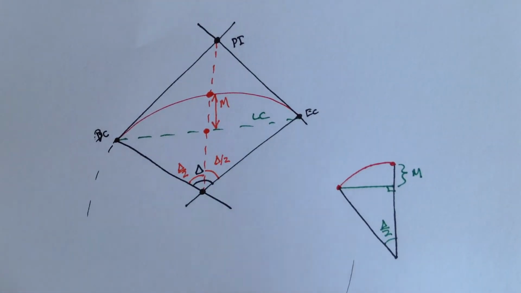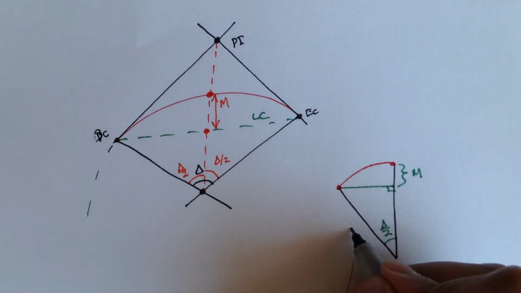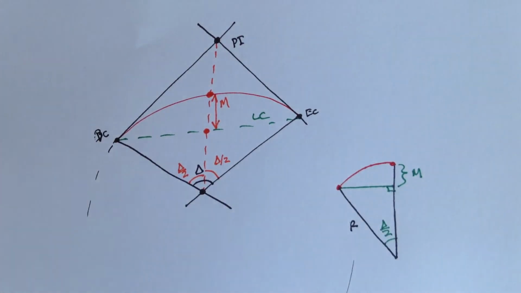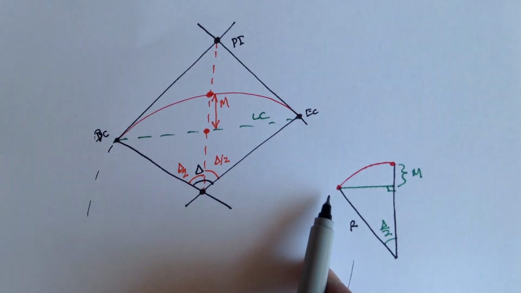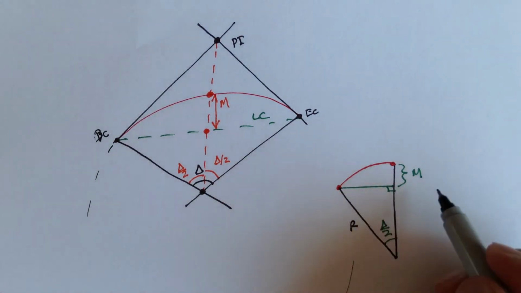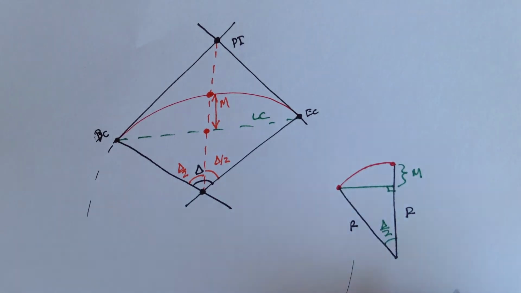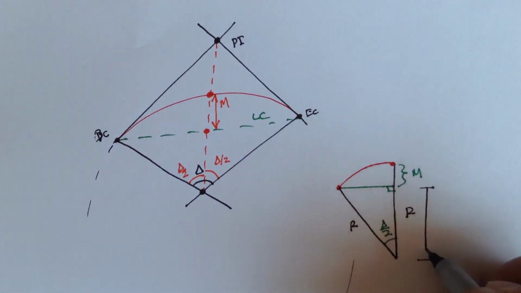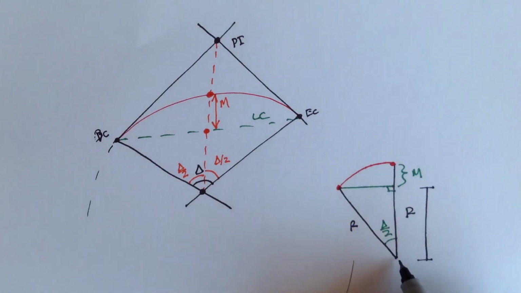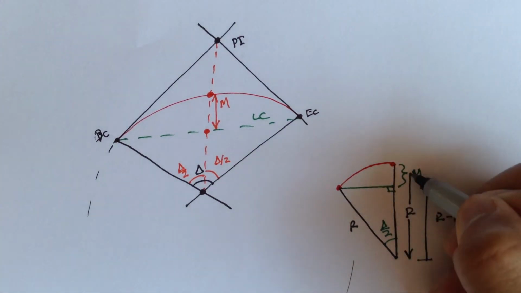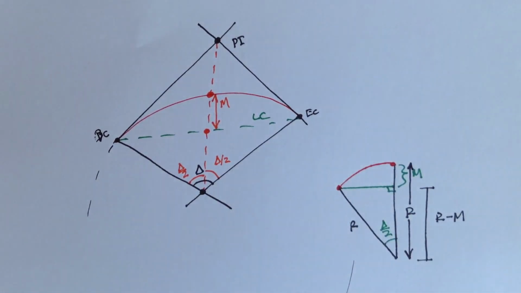We know that this is called the radius, the distance from the origin to the curve. So all of this is really R. And the point where the long chord meets the radius to the origin, that distance is R minus M, because the radius is this distance up to this distance.